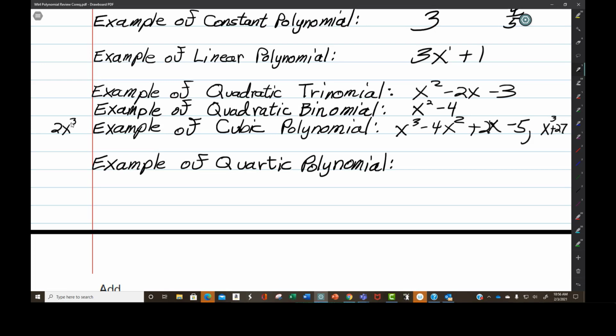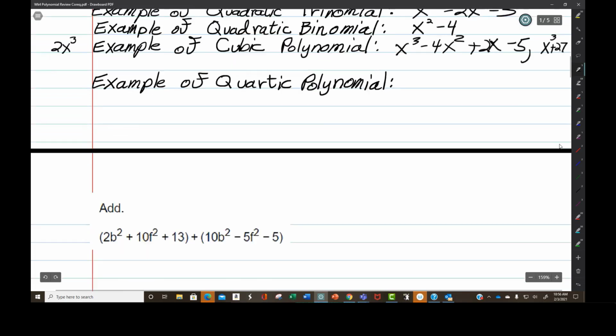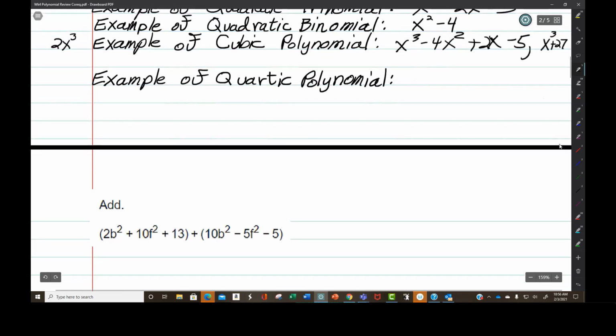And a quartic. You're going to be working with those the second half of the semester. What is a quartic? Highest power 4. Negative 5x, I'm just making this up. Negative 5x to the 4th minus 7x to the 3rd plus 3x squared minus 2x plus 1.